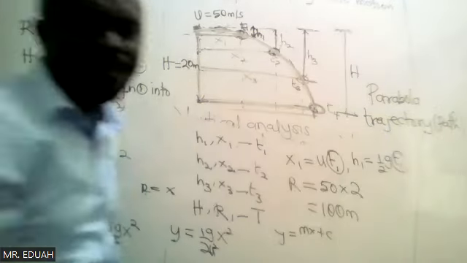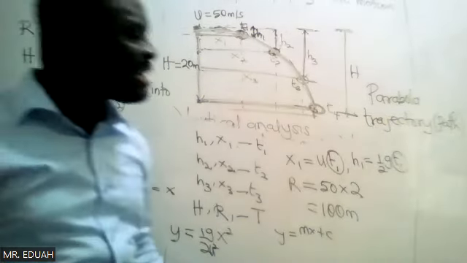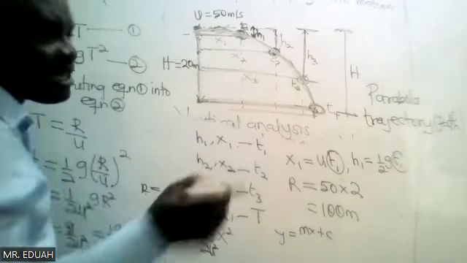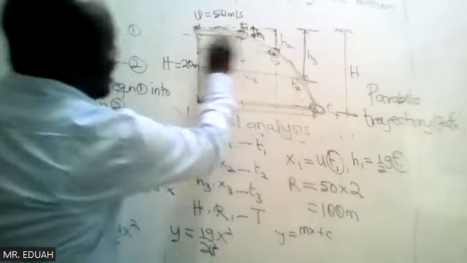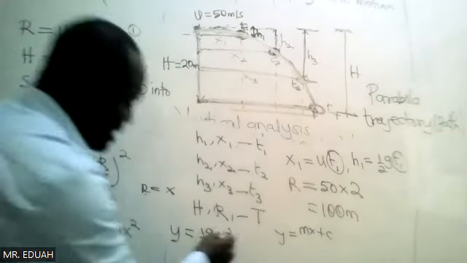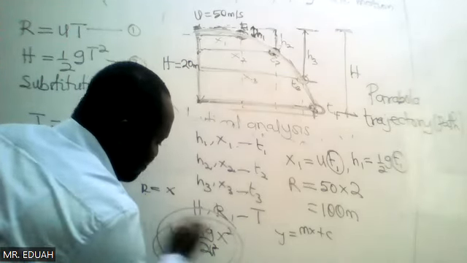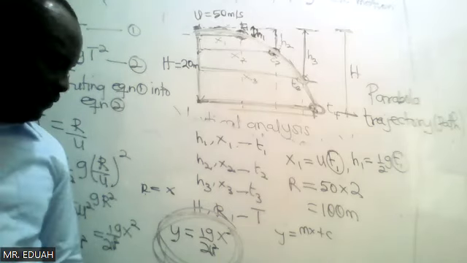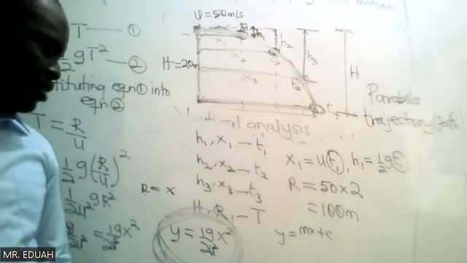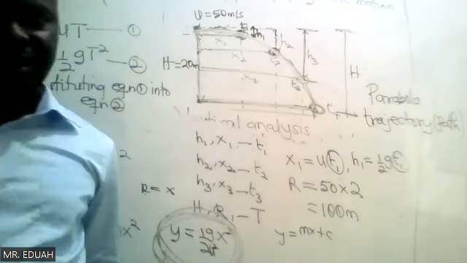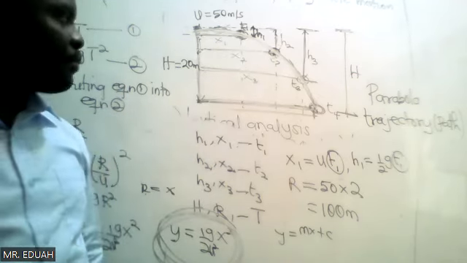So this shape is what we call the parabolic shape, and this is the equation of the shape: half J over U squared times R squared is the equation of this graph.